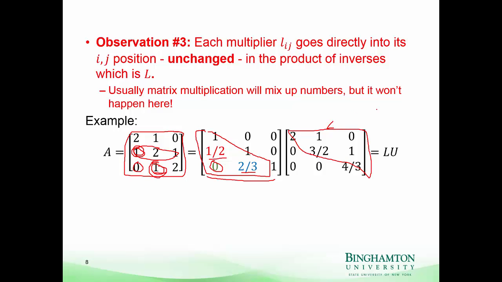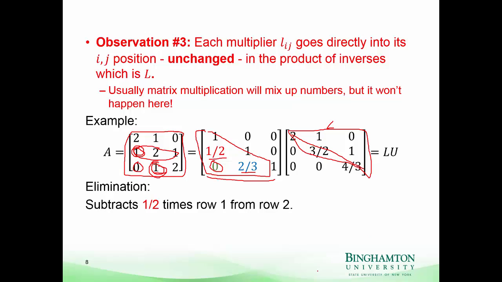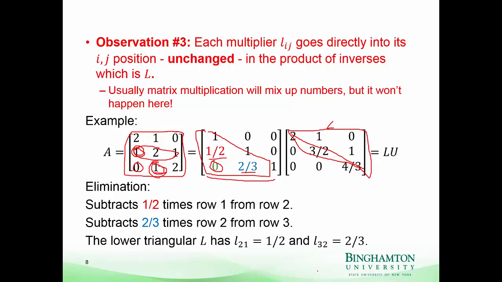And so that's our L times U. As we saw before, the things that go down the diagonal are the pivots. So, just explaining what we did here, the elimination subtracts 1/2 times row 1 from row 2, and we subtract 2/3 times the new row 2 from row 3. So that's why those things end up there.